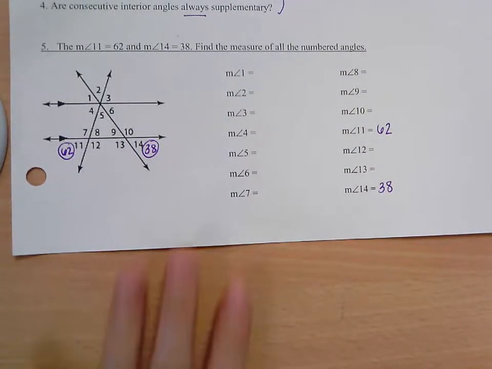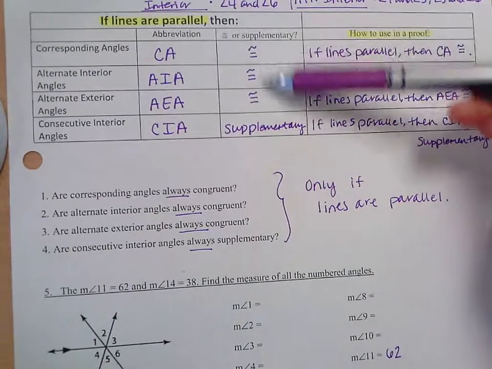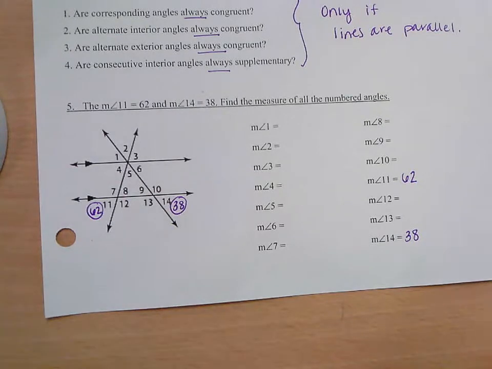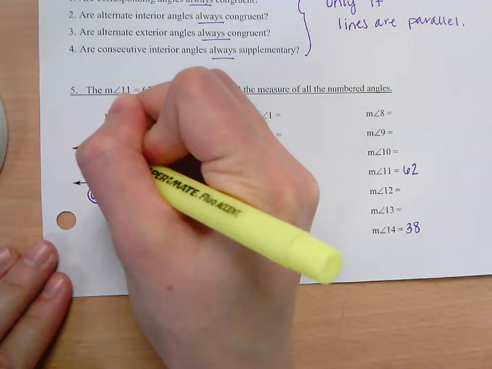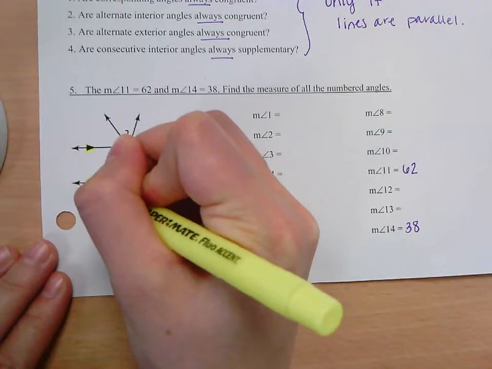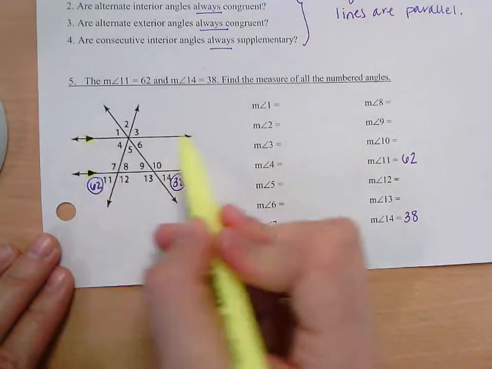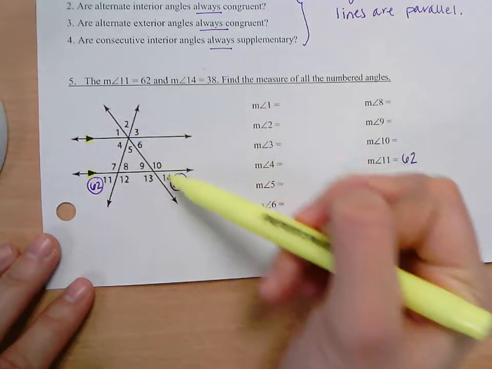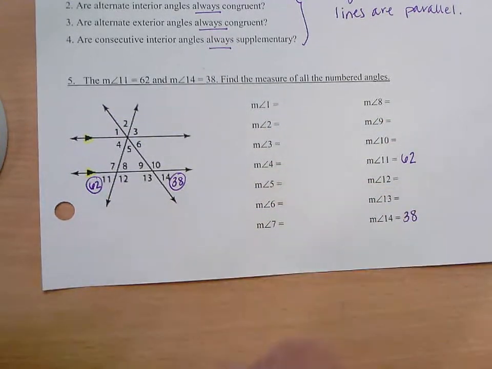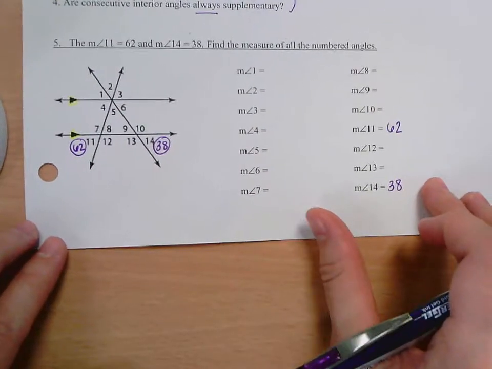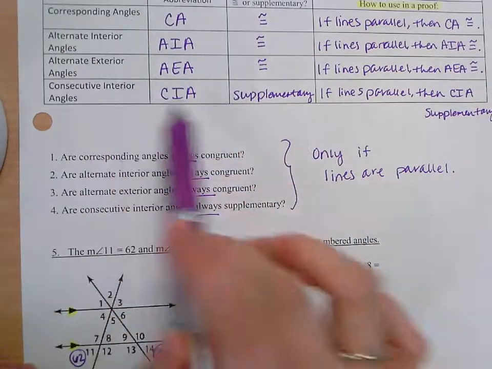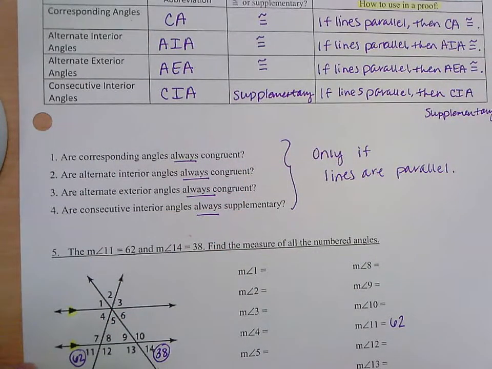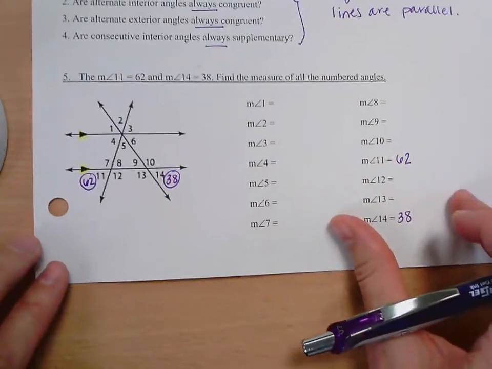How you are filling these in is you are using these relationships because notice here, these arrows, what do these arrows mean? These two lines are parallel. The other two lines would be transversals. Okay, so this is not only using these relationships, but maybe other relationships that you know as well for angles.